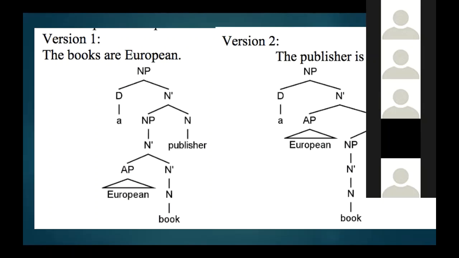So in the first version, we consider that European book is the complement to publisher. Okay, so there is an NP part in the book, like there are two NP parts. I can't understand. You have to show me.